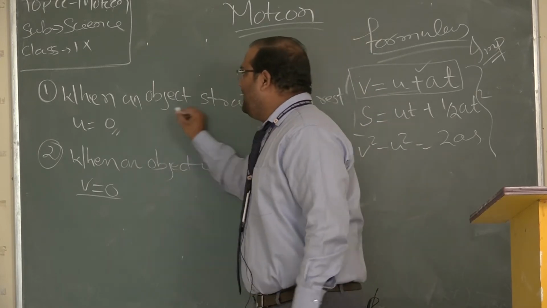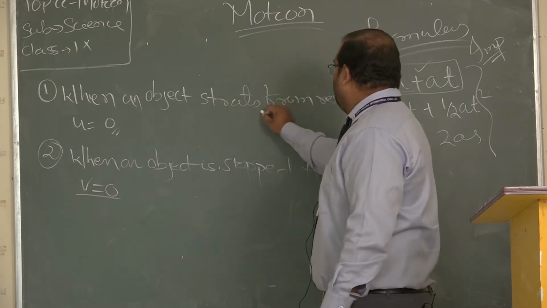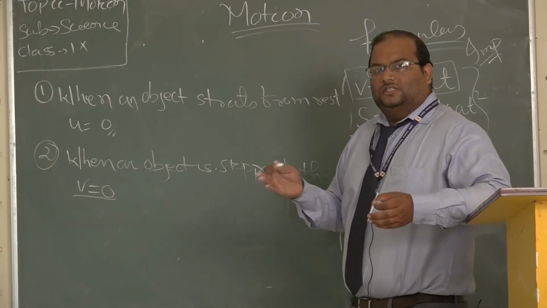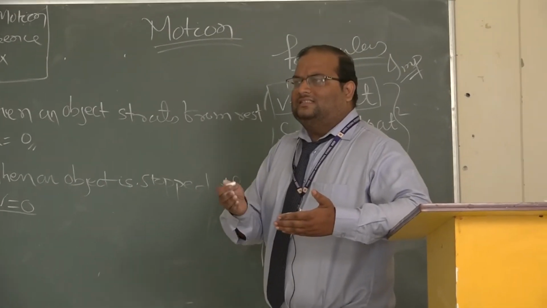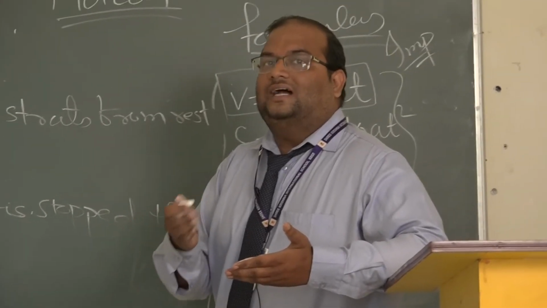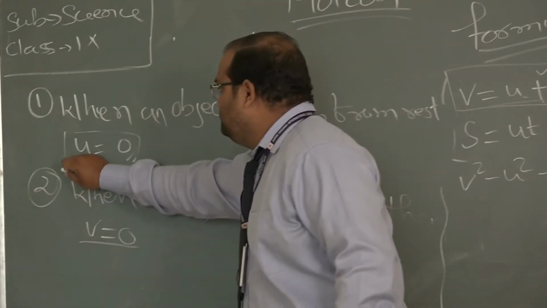So you should remember like this only, that when the question is given, you read the question thoroughly, and if it says that a vehicle or an object or a person starts from rest, then blindly go for u = 0.